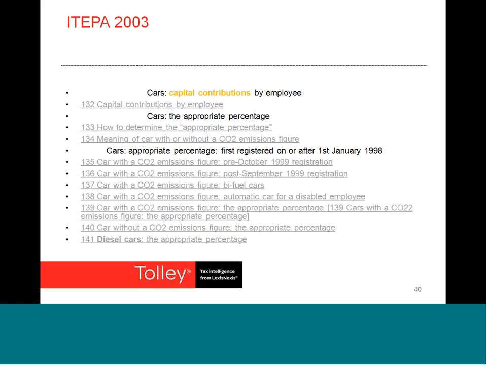And a capital contribution towards the cost of the car comes off the list price of the car when you're working out that benefit. So it's just a reminder you have to do something with those capital contributions. Again, loans, taxable.